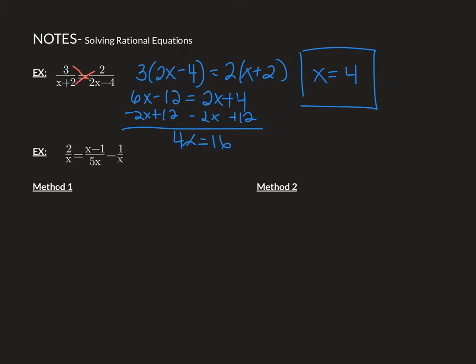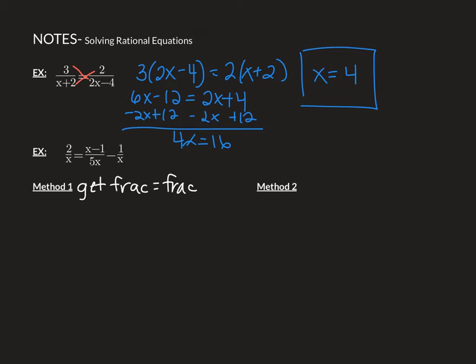I'll call that method 1, although method 1 from adding and subtracting was a little bit different. It doesn't matter, we'll call this method 1. So it would be getting one fraction equal to one fraction, so that we can cross multiply.